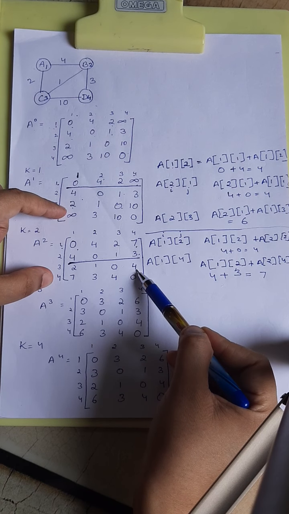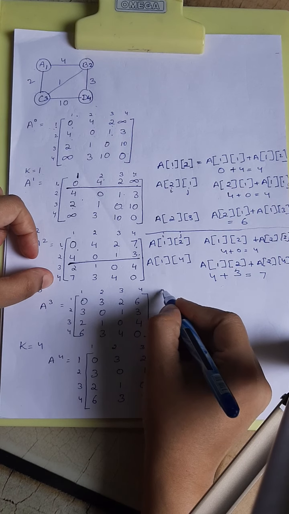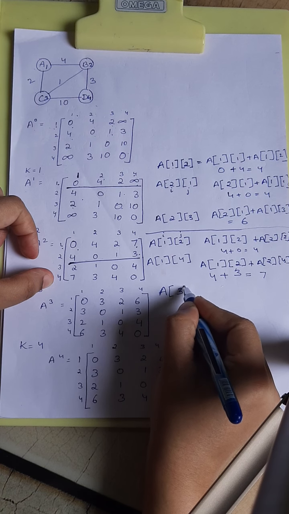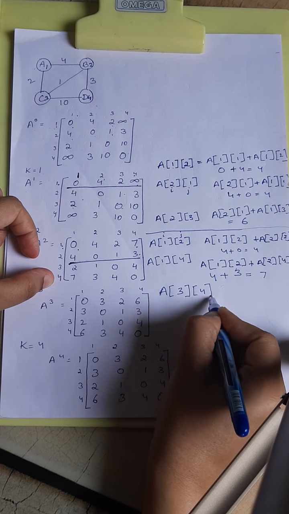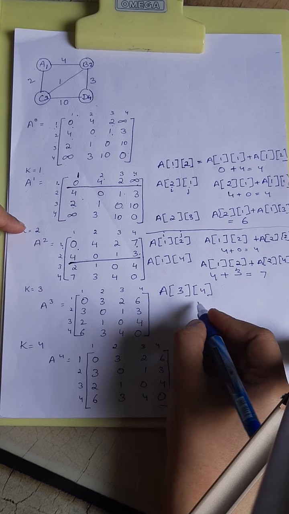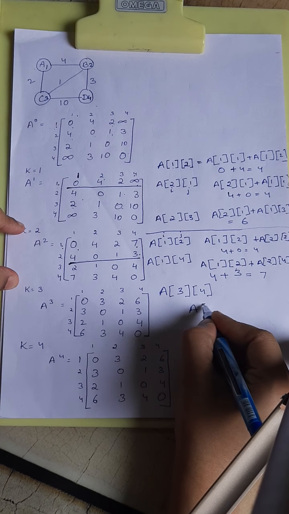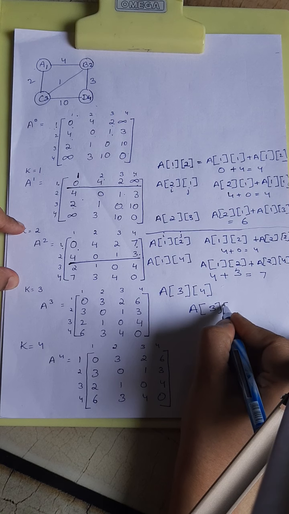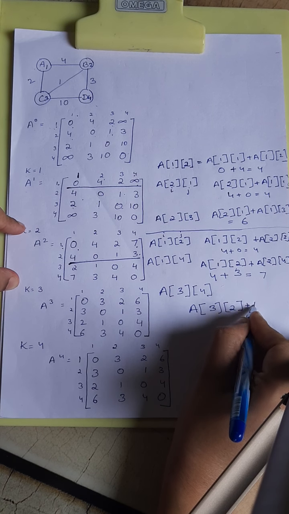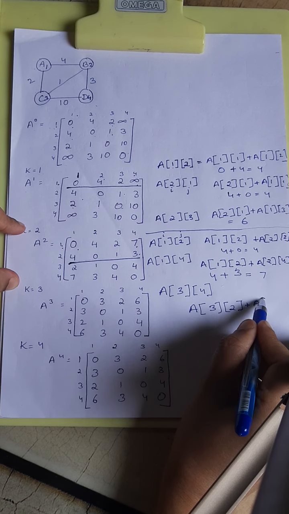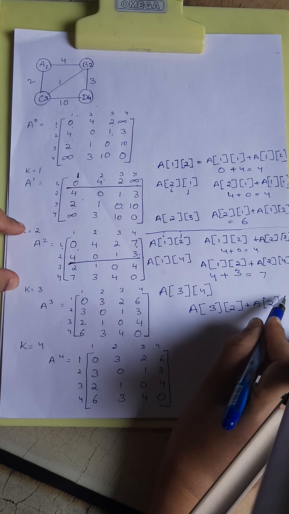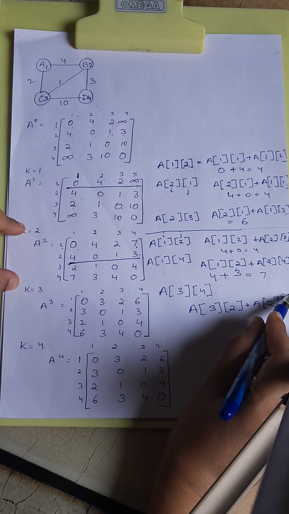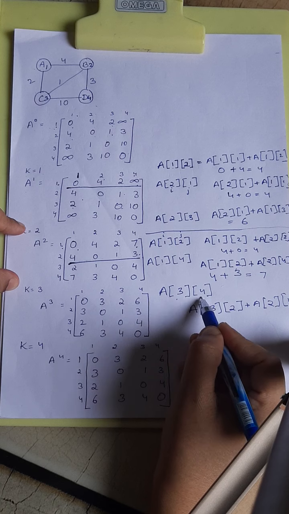For 3 4, if you see, 3 4 via k, it will be a of 3, k value is 2, plus a of k j, j value is 4. Okay, this is i, this is j.